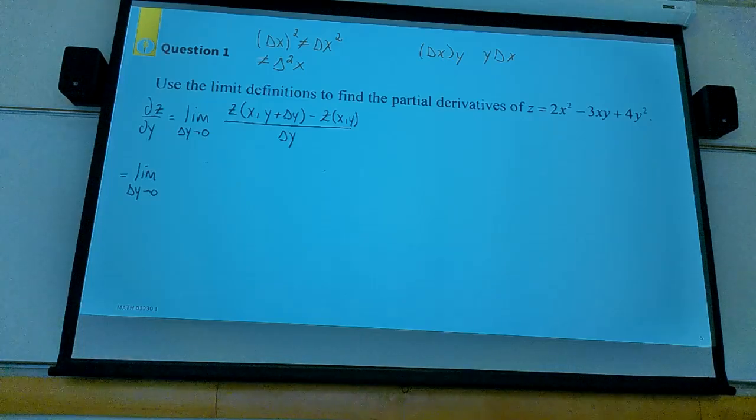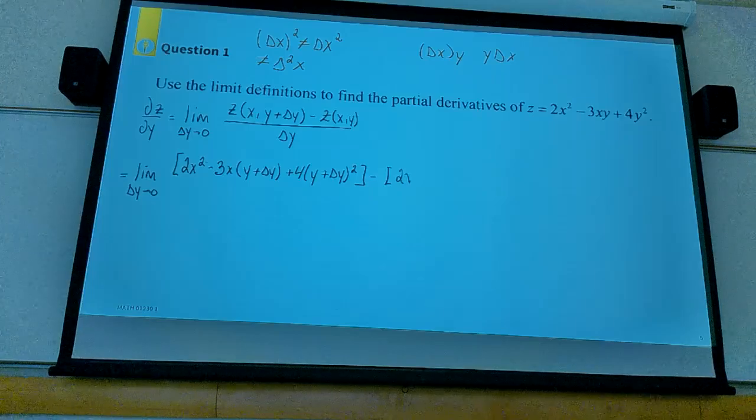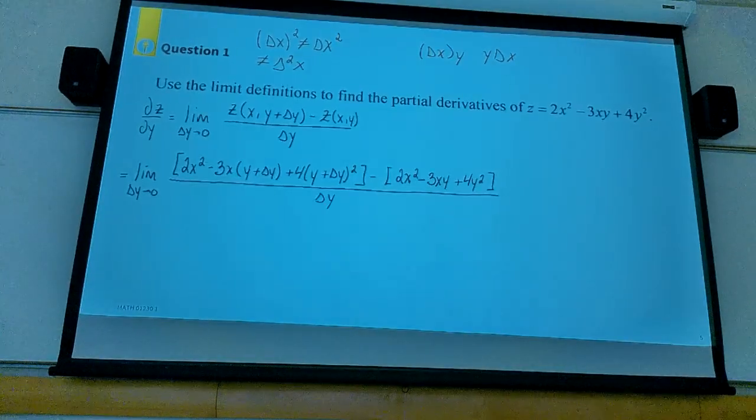X's are left alone. And of course, we have our minus z all over delta y.